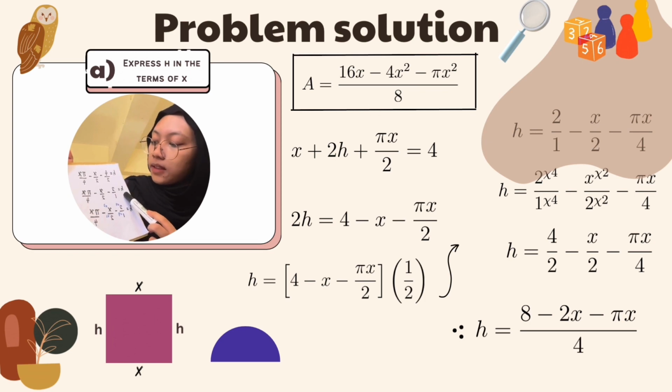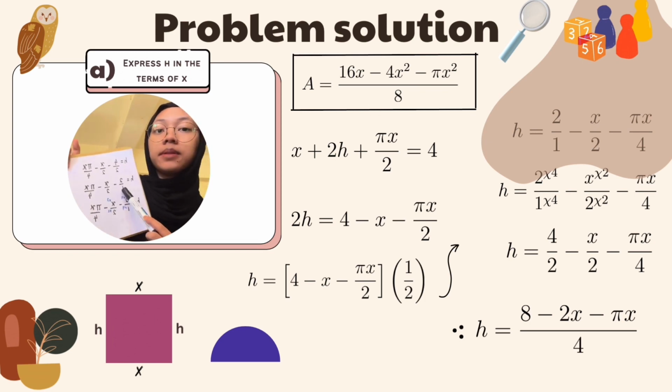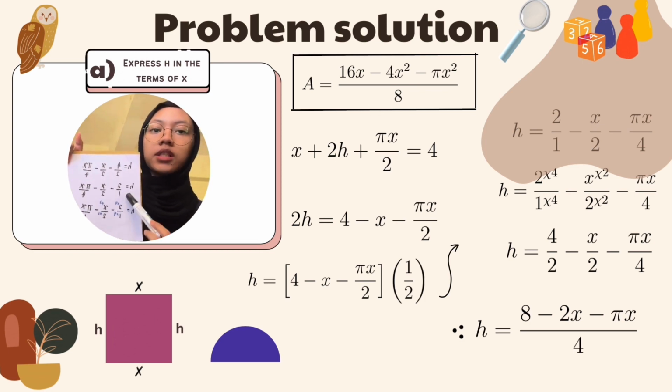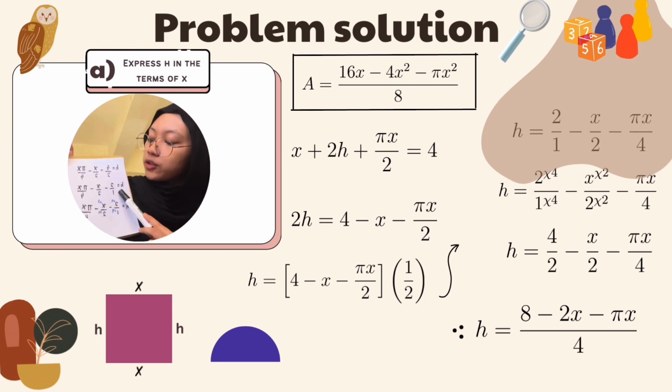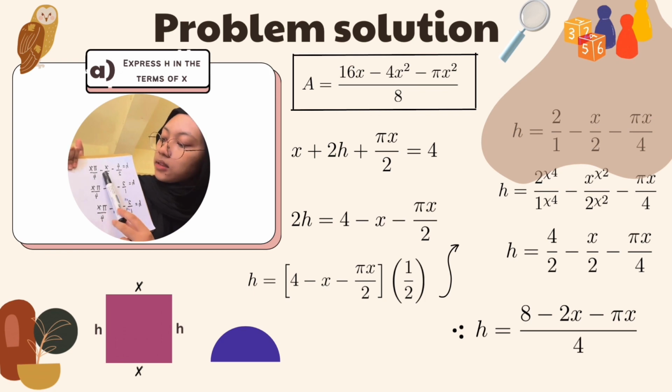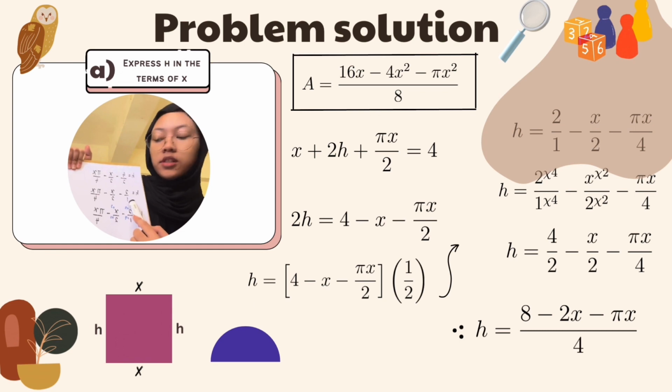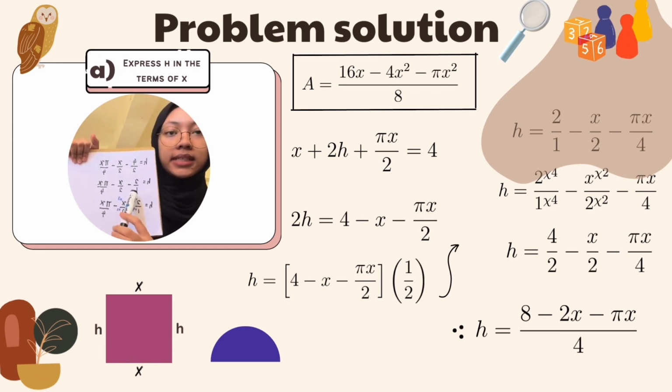Then we simplify the equation, where 4 over 2 will be 2 over 1, and the x over 2 will stay the same. Same goes for pi x over 4. So it will look like this: h equals 2 over 1 minus x over 2 minus pi x over 4.